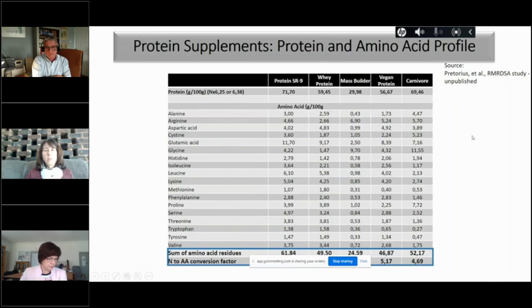What happened with protein supplements is that they add individual amino acids like very high glycine. Although they sell it as a supplement that is supposed to be meat-based, there's a very high concentration of glycine in this one.